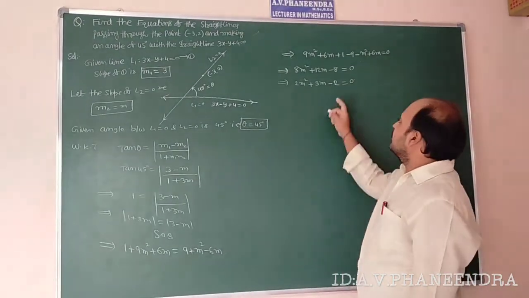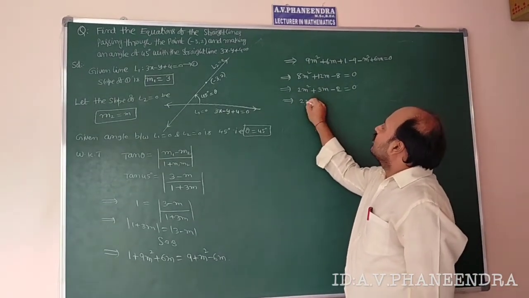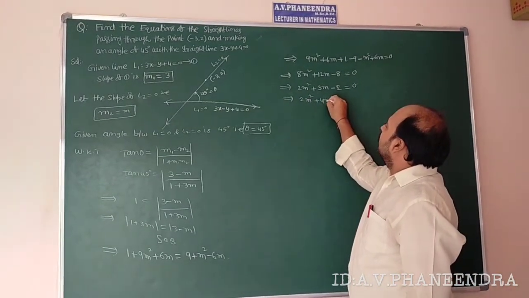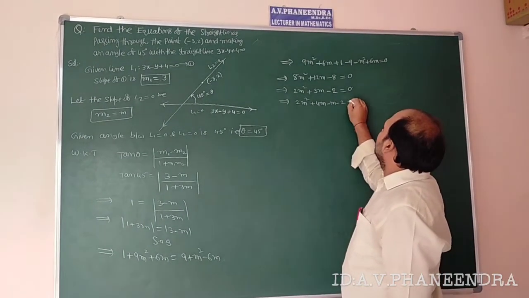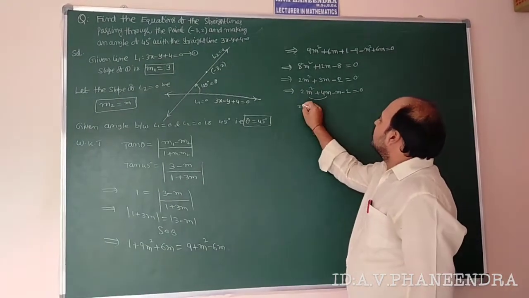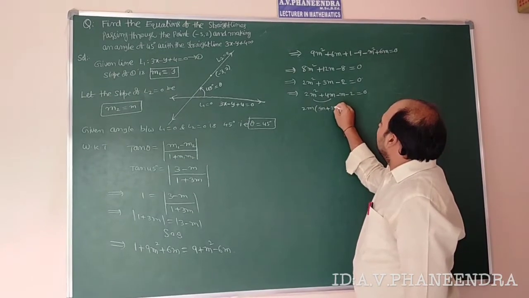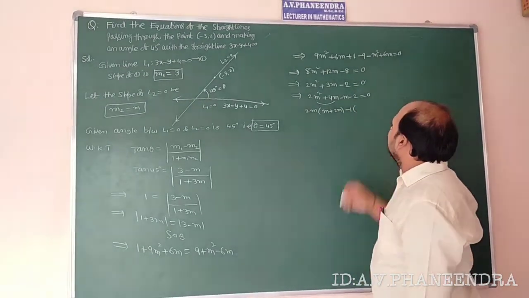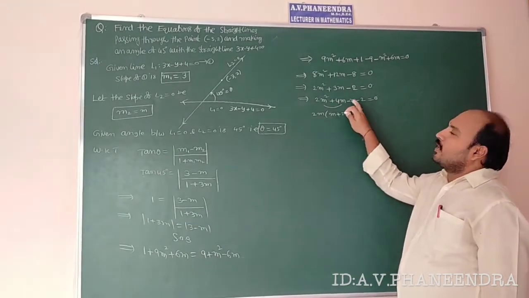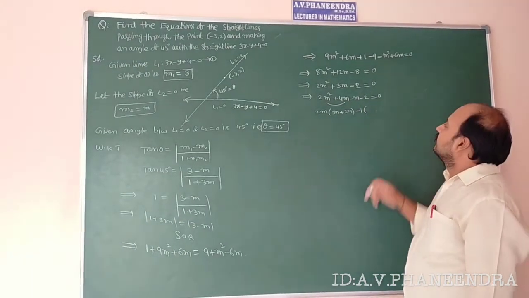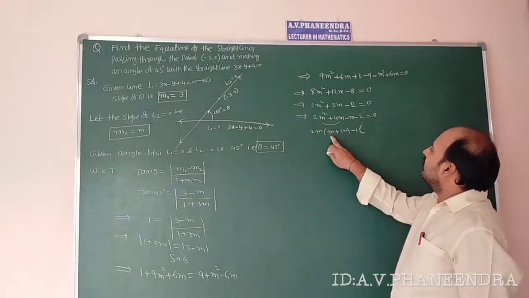By using factorization, 2 into 2 is 4, so minus 4. So 3m can be written as 4m minus m, giving 2m square plus 4m minus m minus 2 equal to 0. From the first two, take 2m common. From the last two, take minus 1 common. Here taking 2m common, m plus 2 only will come.